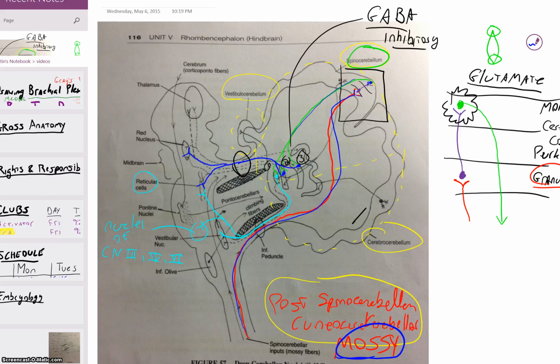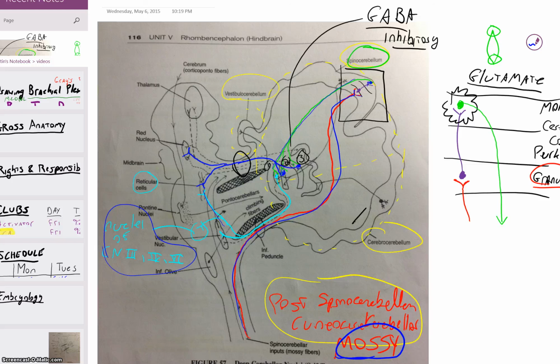Spine Purkinje comes down, has a couple options, either the fastigial nuclei, the globose, the emboliform. Anything from the fastigial will head down through the inferior, has a couple options, either the vestibulo, the reticular, or the nuclei of cranial nerves 3, 4, and 6.